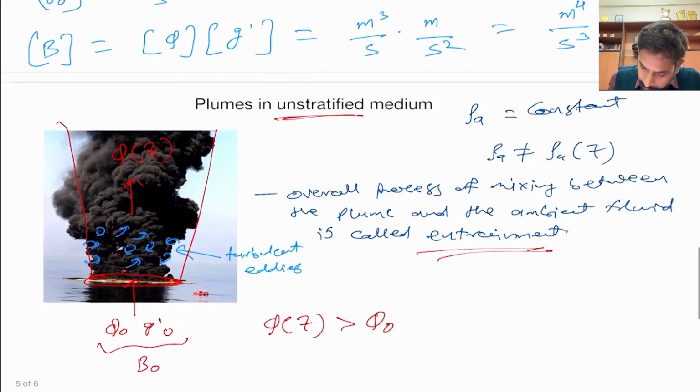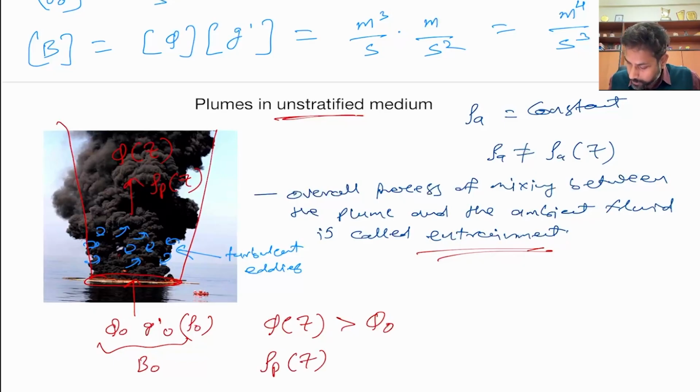Let's call it rho p, which is a function of z, and in the beginning there was rho naught. So rho p of z has to be greater than rho naught. Why? Because more ambient fluid is coming in and mixing, and that means the delta rho is decreasing.